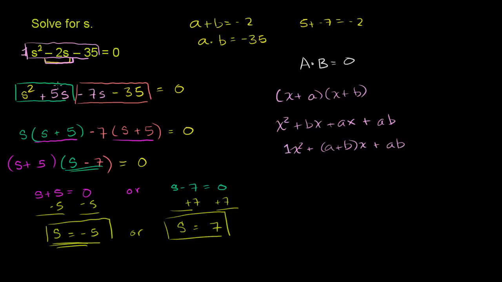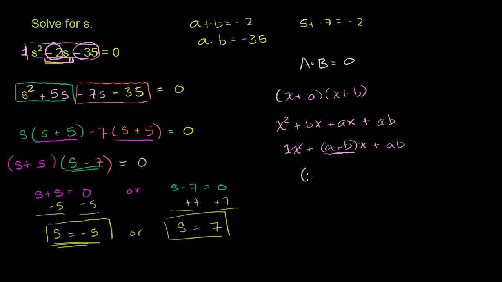So once we have our two numbers that add up to -2, that's our a plus b, and we have our product that gets to -35, then we can straight up factor it into the product of the binomials where those will be the a's and the b's. So we figured out it's 5 and -7. 5 plus -7 is -2. 5 times -7 is -35.